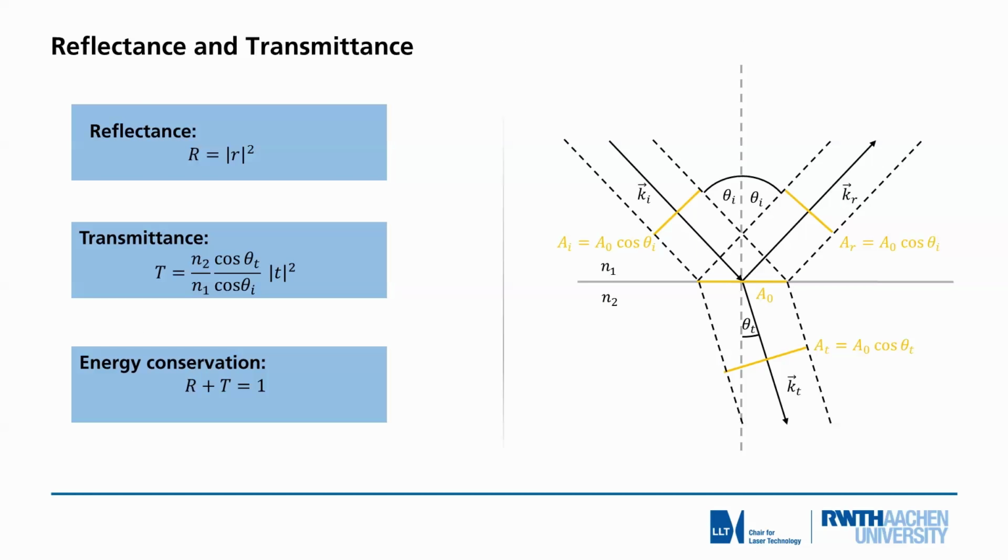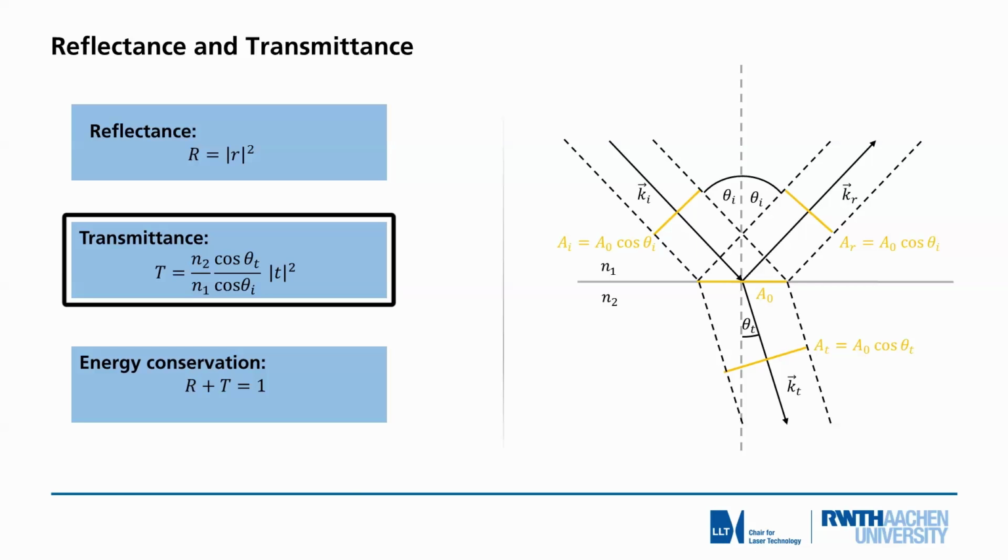In this special case, when we neglect absorption, we are just left with reflectance and transmittance. If we look at the reflectance, which is just the square of the index of reflection, and the transmittance, which is defined again as the index of transmission squared. However, here we see that we have two more influence factors.